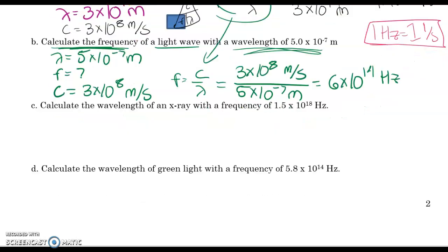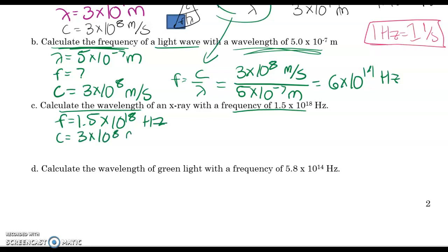Similar but different question here. We're looking for the wavelength and we're given a frequency, so we know the frequency is 1.5 times 10 to the 18 hertz. We still know that c is 3 times 10 to the 8th meters per second, and now we're looking for lambda.